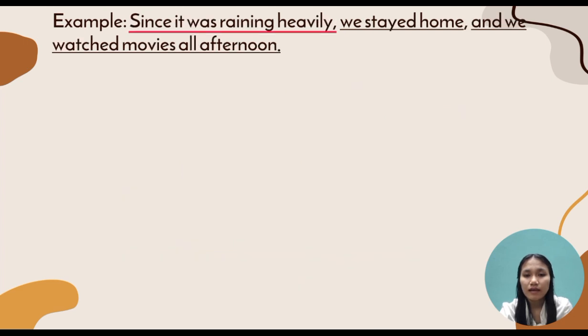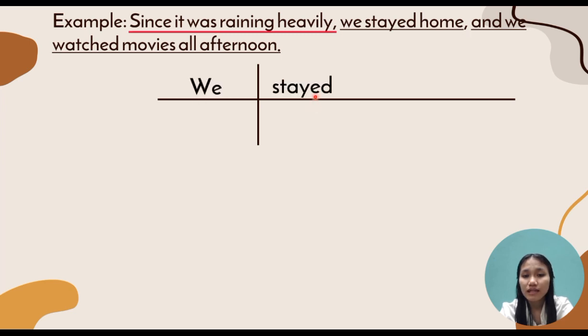So next, "since it was raining heavily, we stayed at home and we watched movies all afternoon." So again, we stayed at home is our independent clause. That is why it should be written first in our diagram. We is the subject, stayed is our verb, and home is our direct object.